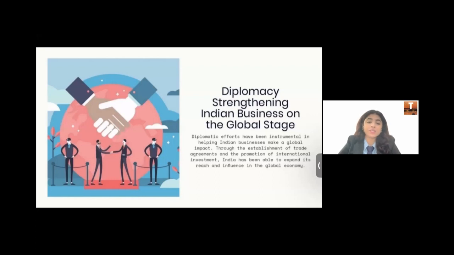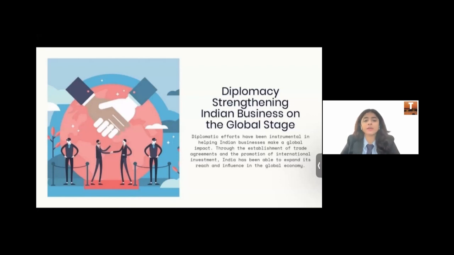These interactions create a favorable environment for Indian businesses to operate in foreign markets by promoting a positive perception of India and its products. Diplomats also facilitate cultural exchanges, business delegations, and high-level visits that strengthen diplomatic ties and enhance the reputation of Indian businesses globally.